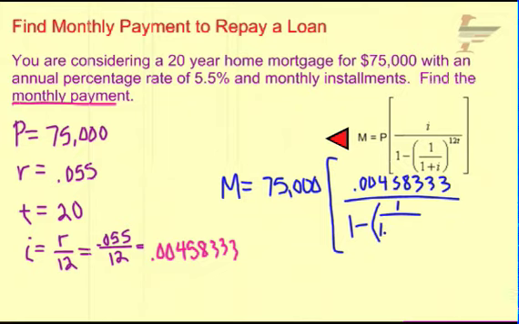I can just go ahead and do that right now. 1.0045833 raised to the 12 times T, so we're going to do 12 times 20 power right there. I'm just going to go ahead and write in that's 240. And then that should give us our answer.